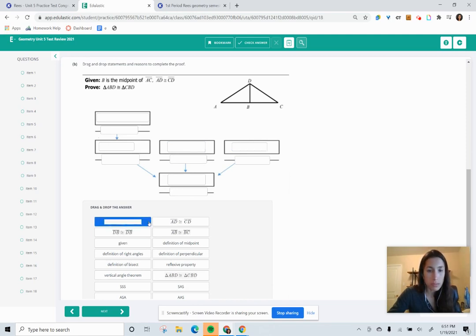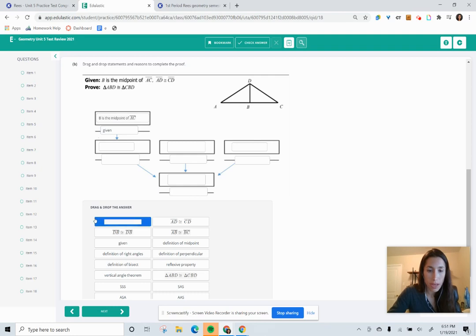So first given, B is the midpoint of AC. Well, that doesn't say congruent, so that can't go in any of these middles. It has to go at the top. What that does tell me is that parts are equal. So this was given. I know that B is the midpoint of AC, and because of that, I figured out that this part AB was congruent to CB.